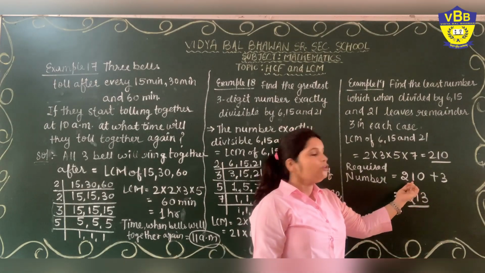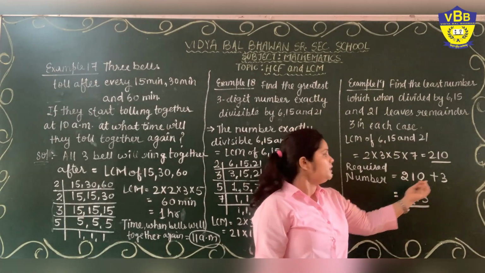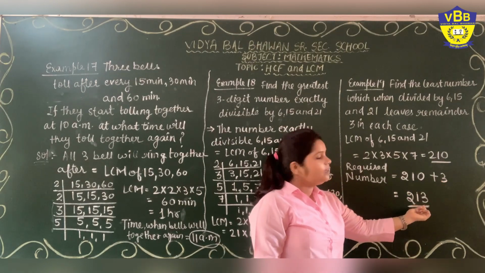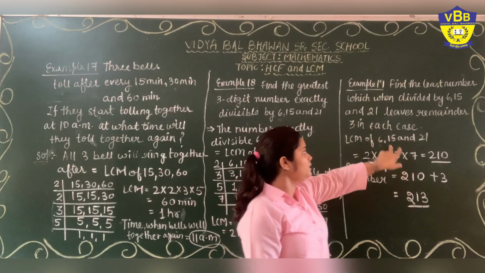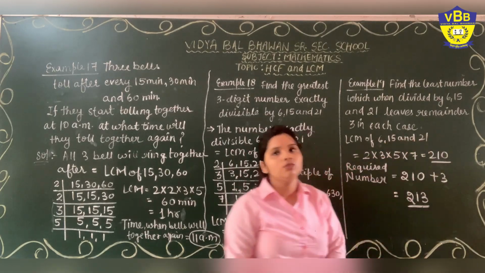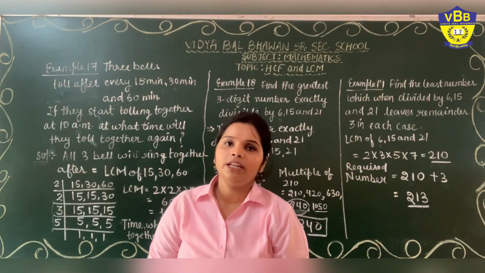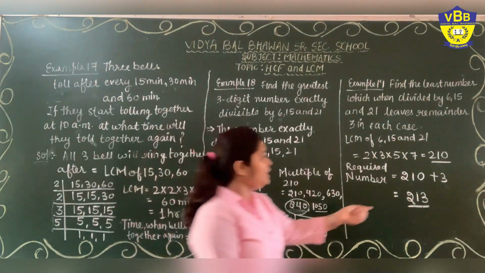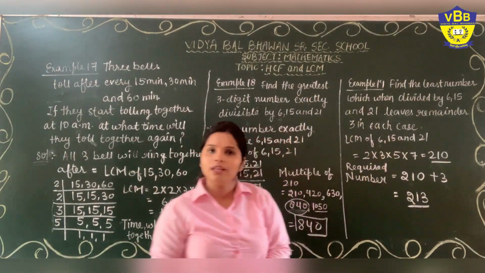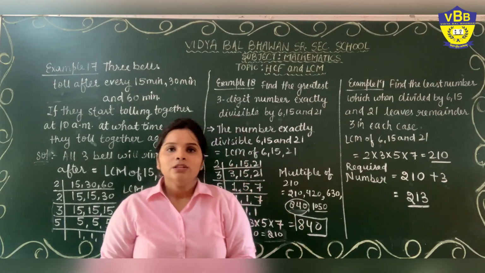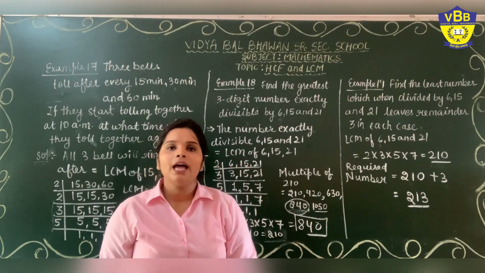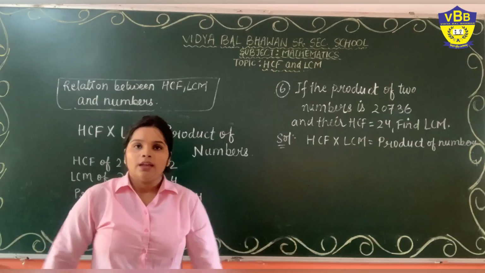So if 210 is completely divisible, adding this 3, when you divide this 213 by any of these numbers, you will get 3 every time. You can also check by dividing this 213 by any of the numbers 6, 15 and 21. So basically these are applications of LCM.